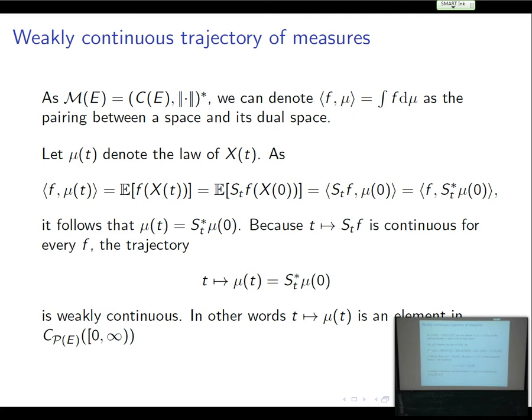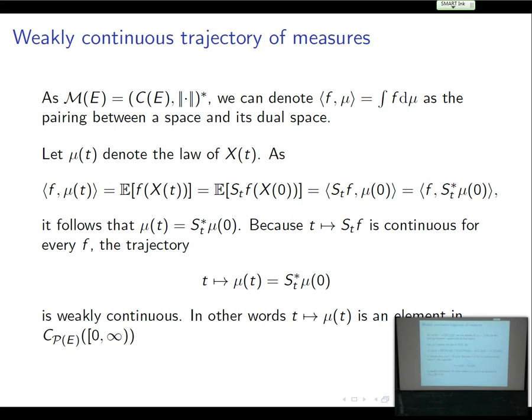If I pair f with mu_t, then that's of course the same as calculating the expectation of f(X_t), and then I can use the semigroup, which I can write as <S_t f, mu_0>, and then I take the adjoint of S, and I end up with <f, S_t^* mu_0>. So apparently mu_t is S_t^* mu_0.